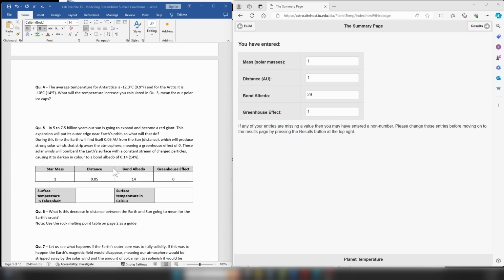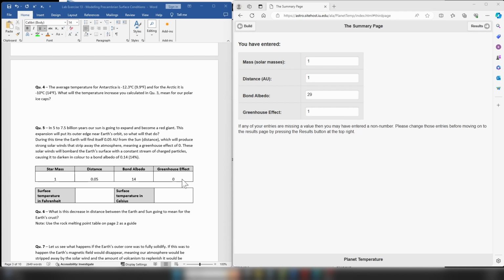Okay, so we are suggesting that at this point, far less of the solar radiation is going to be reflected back into space. And this is obviously going to be a reflection of the fact that the Earth's surface is going to be naturally darkened by the sheer huge quantities of solar particles, solar wind that's going to be thrown onto the Earth's surface, which is going to darken the color.